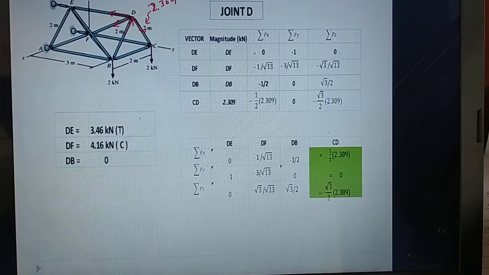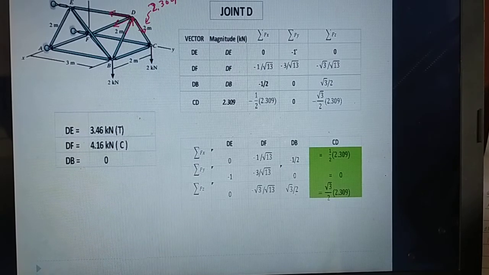For DE, it has the projection along the y-axis only. So that's negative 1 because I assume it as tension going to the left.